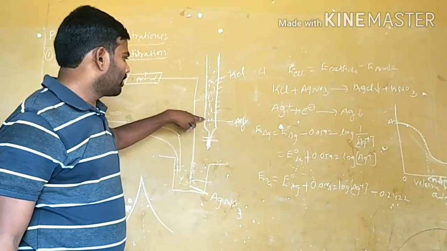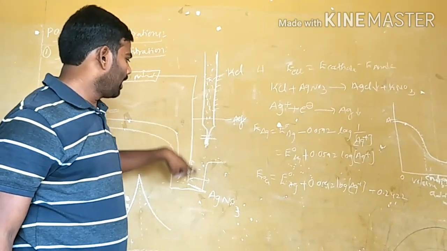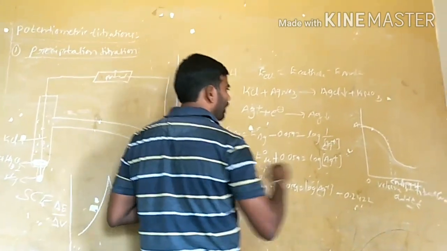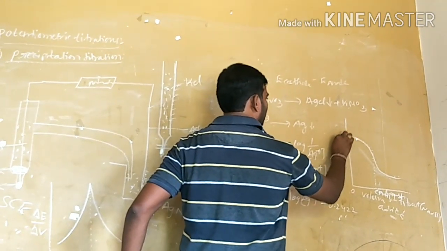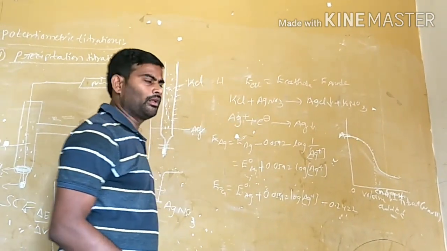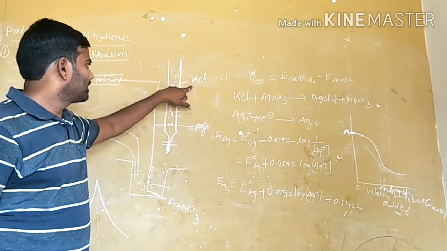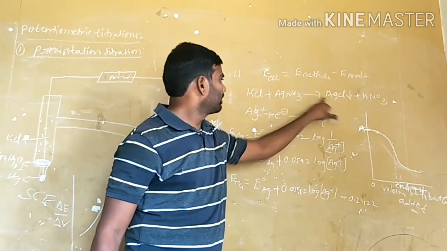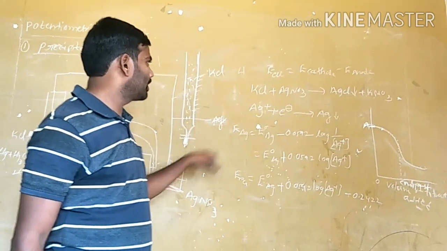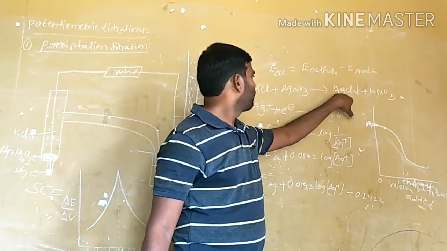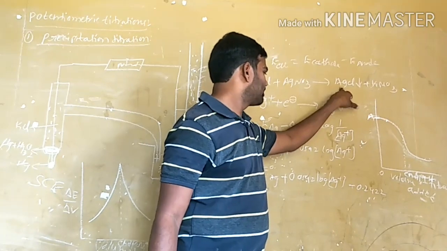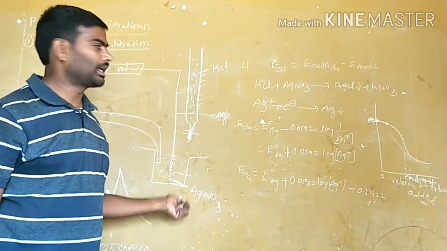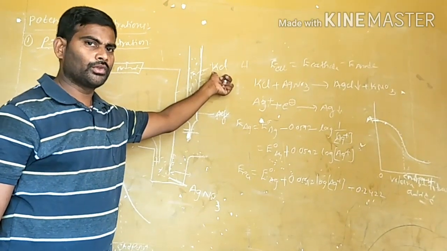Before addition of KCl to the silver nitrate, the potential value in the potentiometer is the same, pointed as A. Whenever we add KCl to the silver nitrate, this reaction is possible, and the Ag plus ions in solution are removed. By this, the concentration of Ag plus ions decreases during the titration with the KCl solution.